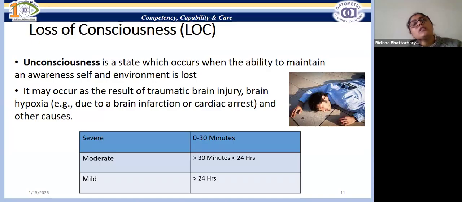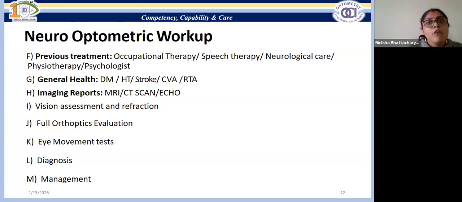So based on these three criteria, or you can say qualitative assessment, we can note down the actual condition of their brain injury. Based on the three categories, we can note down the severity of their brain injury. After finishing this type of history taking, we will move towards the previous treatment.